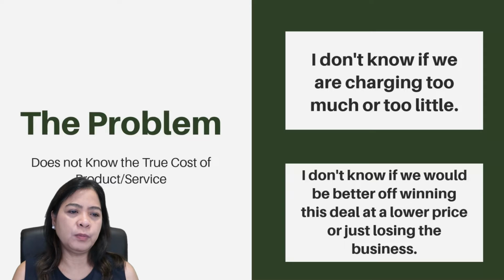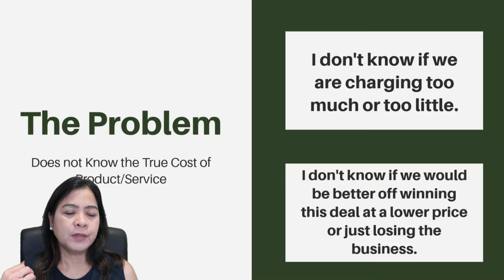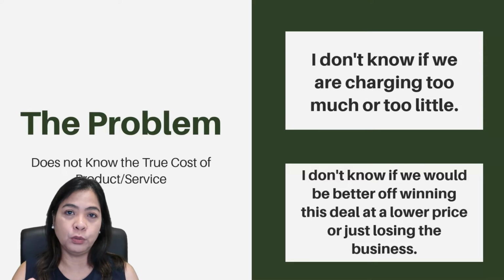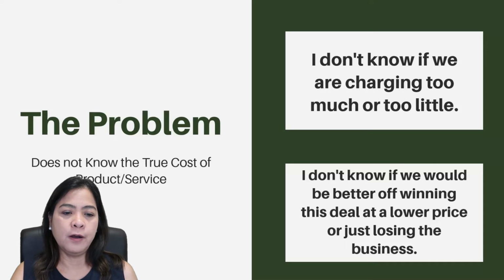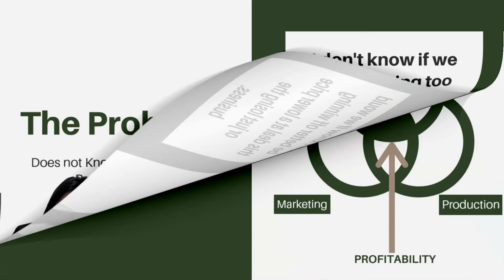I don't know if we would be better off winning this deal at a lower price or just losing the business. Those are an indication that the company doesn't really know what their true cost is, and it will be a struggle to come up with a good pricing strategy if you don't know your true product cost or service cost.